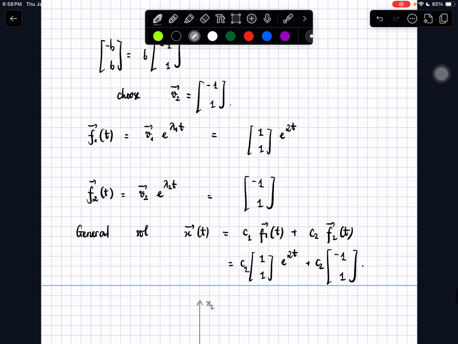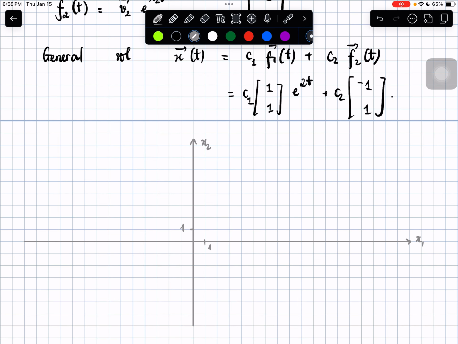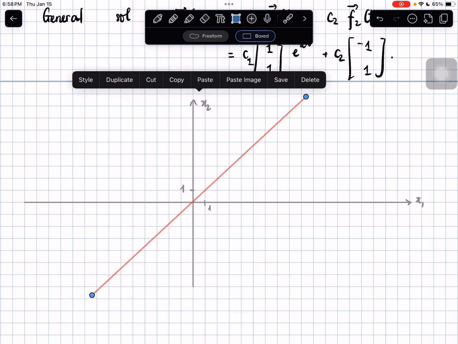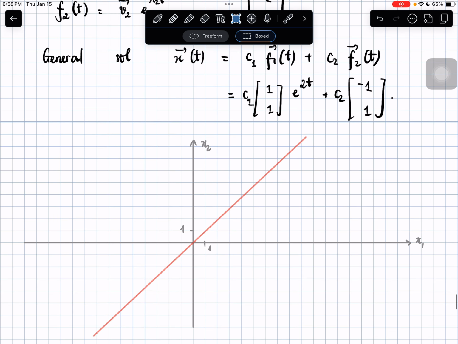The first one is V1, which is (1, 1). Now extend it, we have the whole eigenspace. The second one is (minus 1, 1).